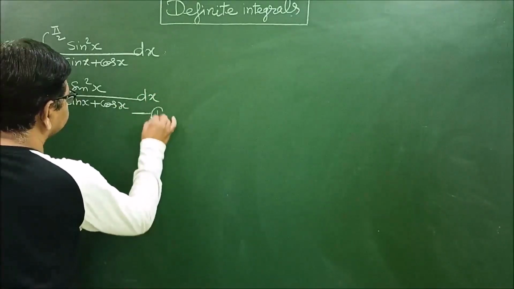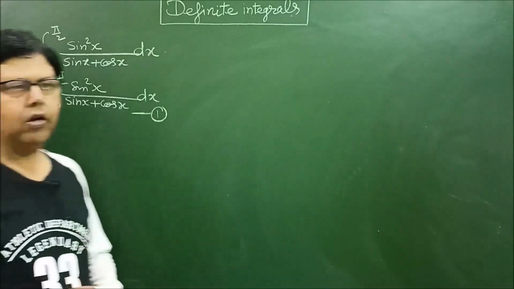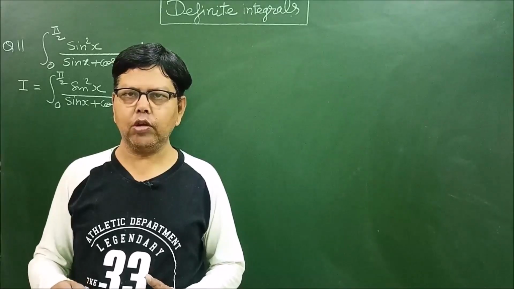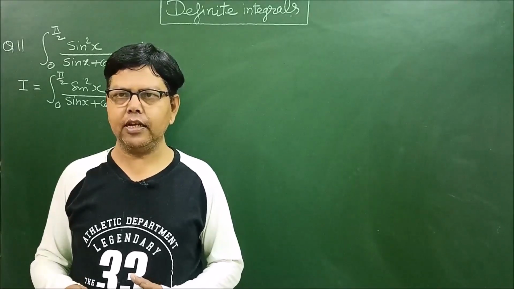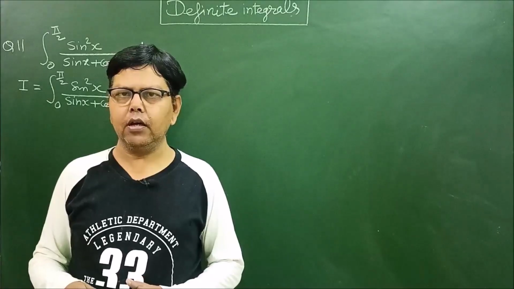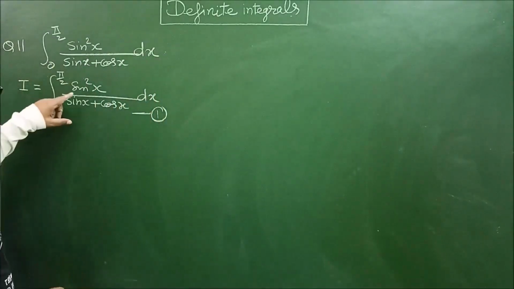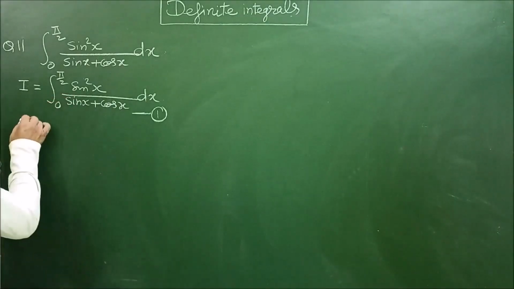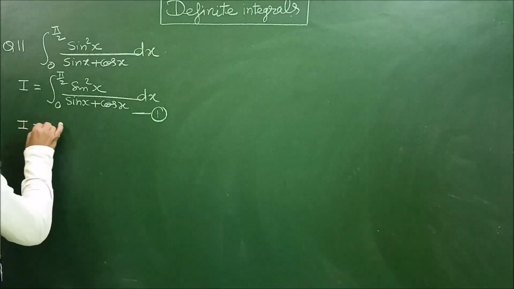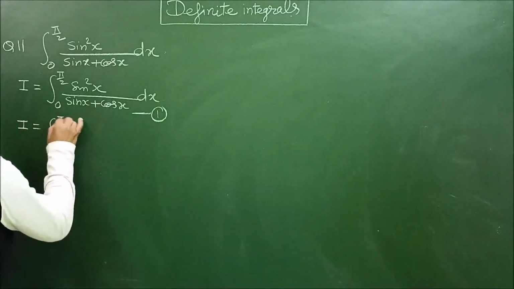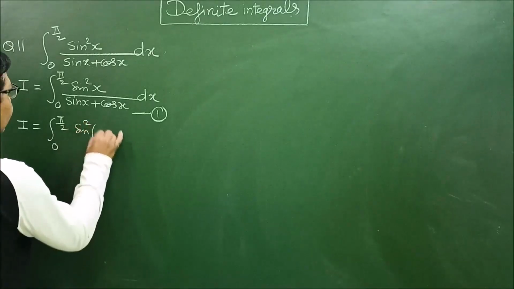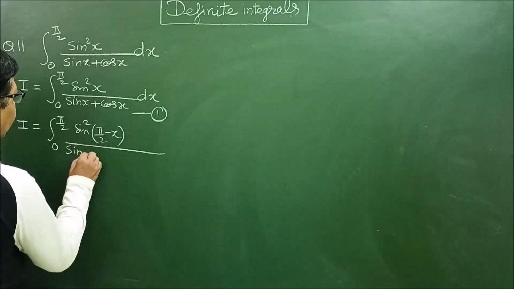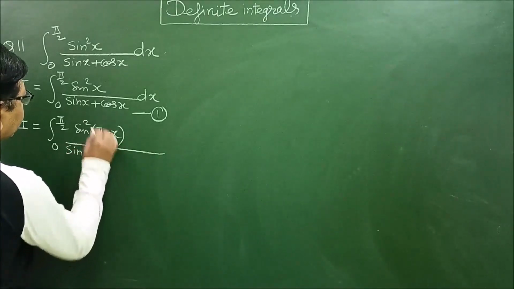This is first. Now as you all know, the integral from 0 to a of f(x) dx is equal to the integral from 0 to a of f(a minus x) dx. By using that property we can make the numerators simple. So I is again equal to the integral from 0 to pi by 2 of sin square, replacing x by pi by 2 minus x, meaning the function with pi by 2 minus x will have the same value as the function with x.